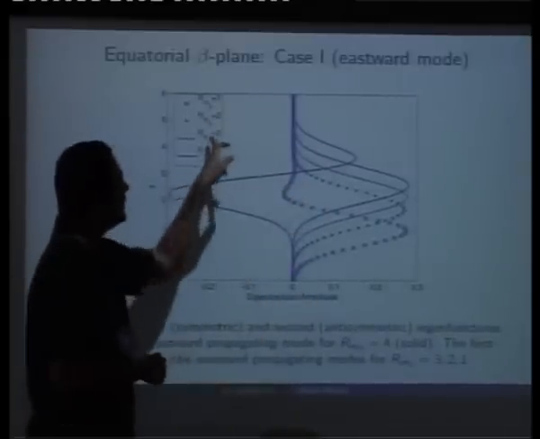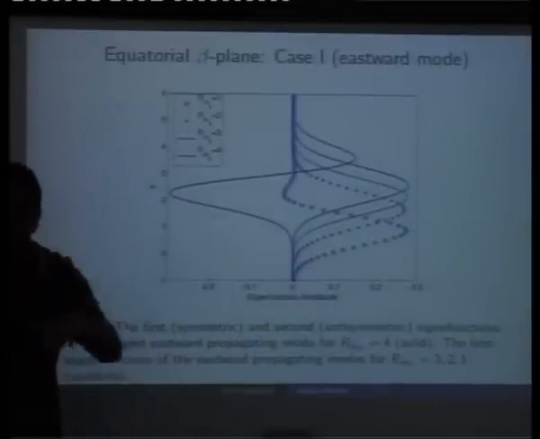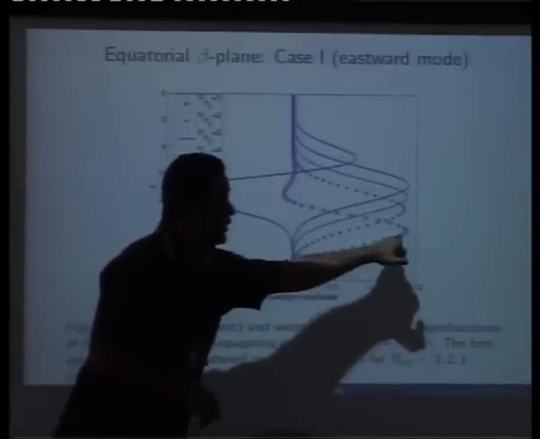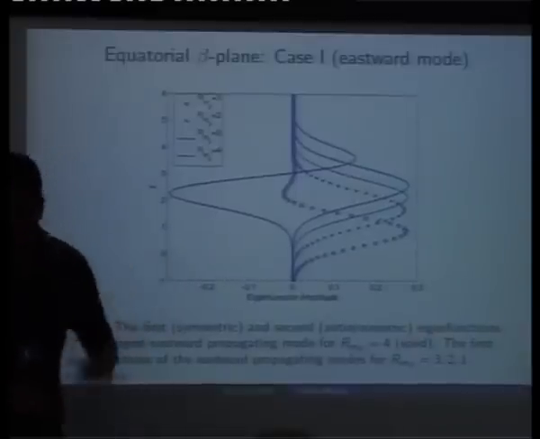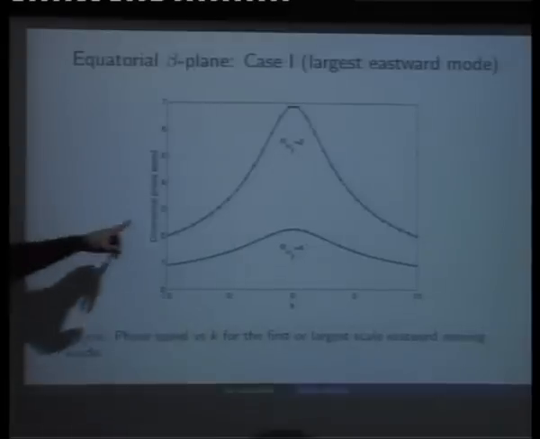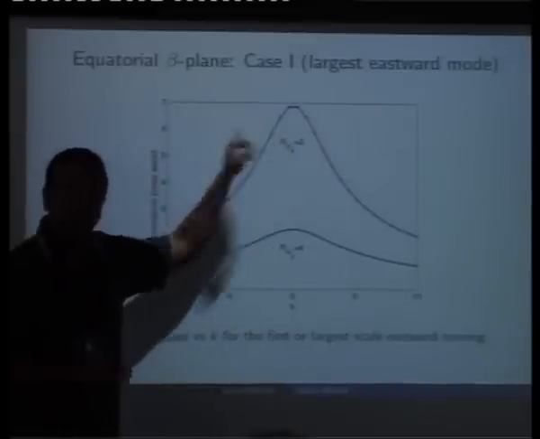Secondly, if one varies the gradient, for the strongest gradient, the modes get localized closer and closer to the equator. In fact, for the strongest gradient, you come very close to the equator over here. Secondly, if one goes back to the previous slide, one notes that as the gradient is increasing, the speed of these waves is also increasing, right?